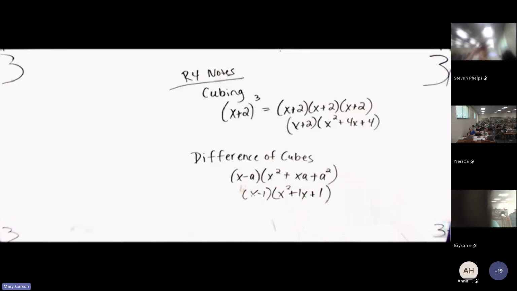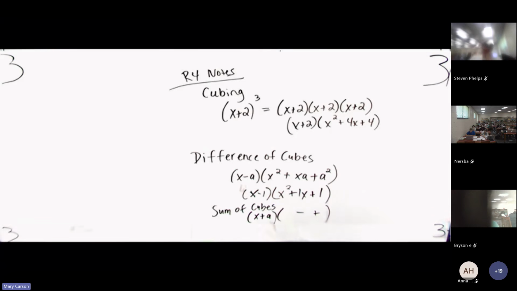This is factoring technically. We're going to do some of these later, but not right this second. Okay, so this is the difference of cubes ones. And then there's sum of cubes. And that one's like x plus a, and then you have a minus and a plus.